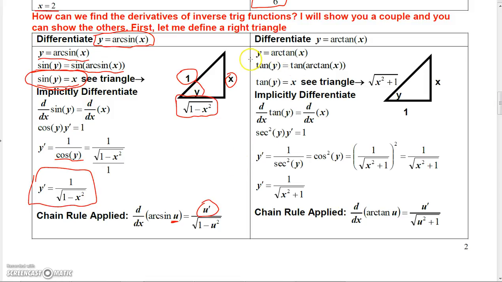And again, you can easily do the same thing over here by taking tangent of both sides, and then you'll be able to show that the derivative of arc tan of x is 1 over x squared plus 1, and then the derivative of arc tan of u would be that same form, 1 over u squared plus 1 times u prime. And on the next video, I'll show you all of the derivatives of the arc functions and some examples.